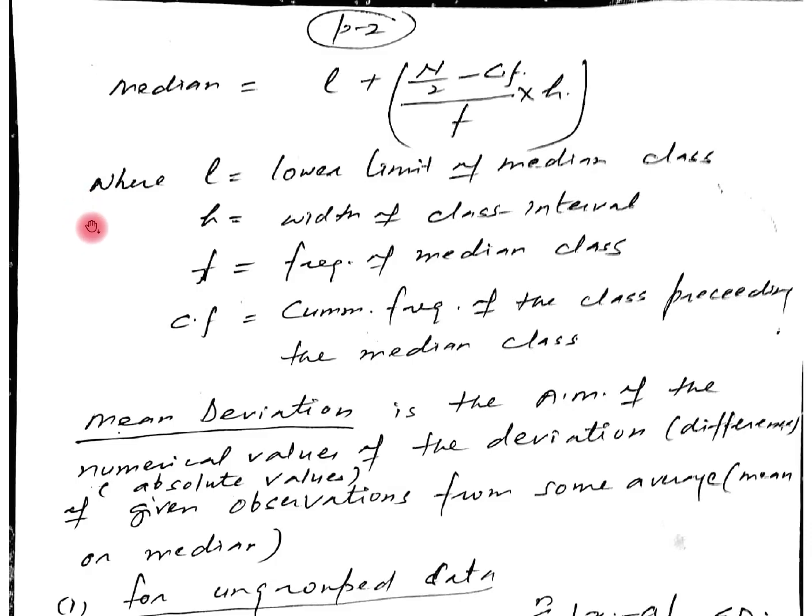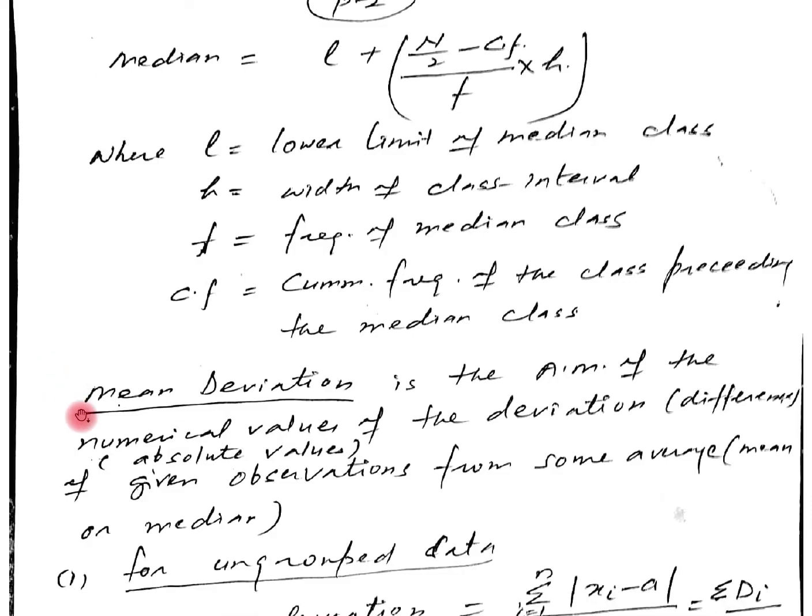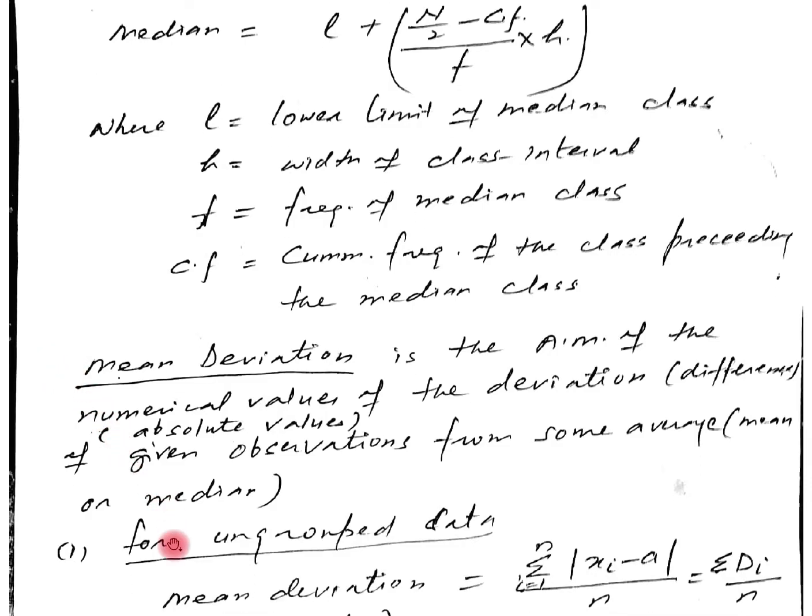Now we have to further use it. Now here in the 11th class, we have to start from the topic, the mean deviation. What is the meaning of mean deviation? I am going to tell you. Mean deviation is the arithmetic mean of the numerical values of the deviation, meaning difference, of given observations from some average.